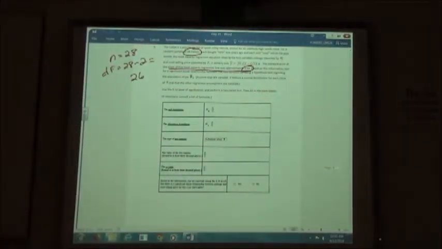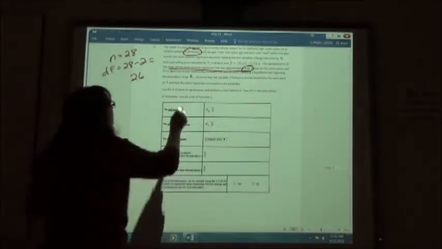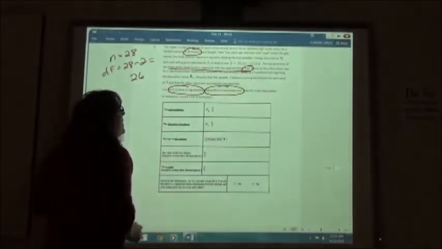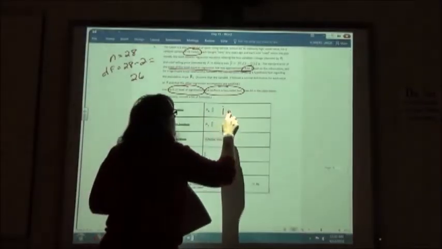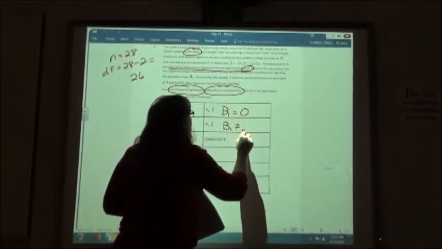Based on this information, we're going to test the population slope, the B1 value. And again, we're going to use a 10% level of significance with a two-tailed test. Since it's a two-tailed test, we're using the equals and the not equals. So, B sub 1 either equals 0 or B sub 1 does not equal 0.